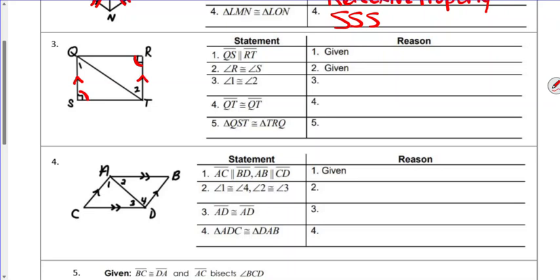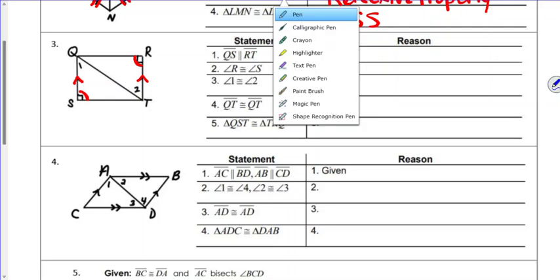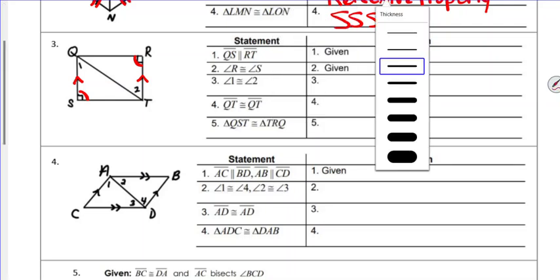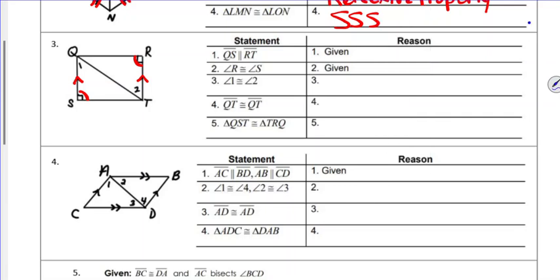All right, so our next statement that we're trying to get to is that angles 1 and 2 are congruent to each other. Well, if these are parallel lines, and this is my transversal, those are alternate interior angles.